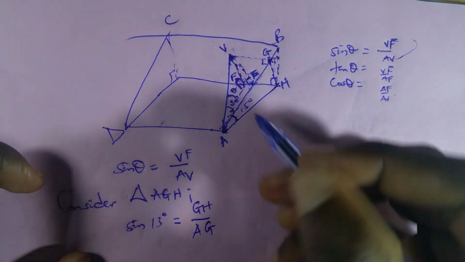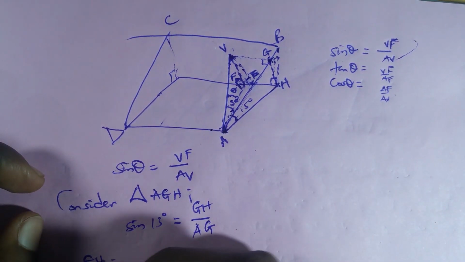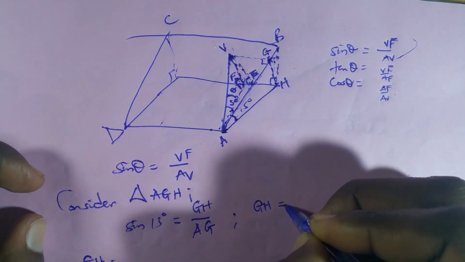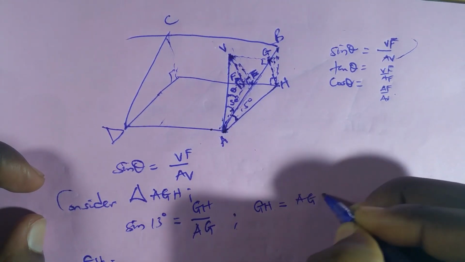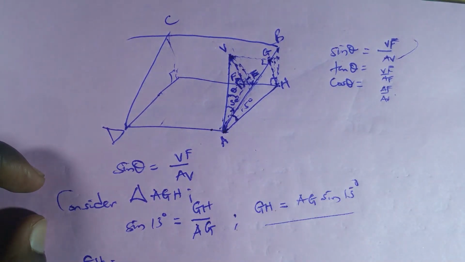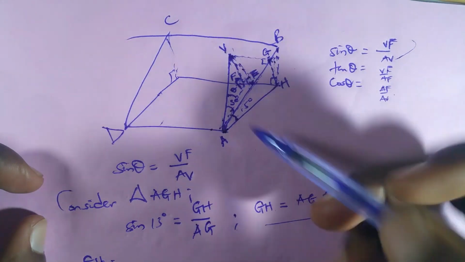That means our GH is actually given by AG sine 15 degrees. That's our GH. GH is the same as VE, which is also the same as VF.